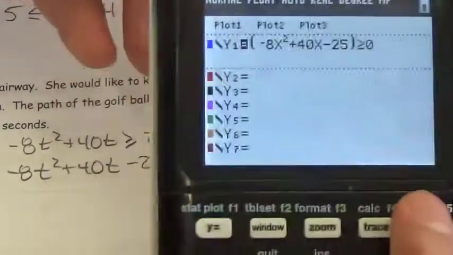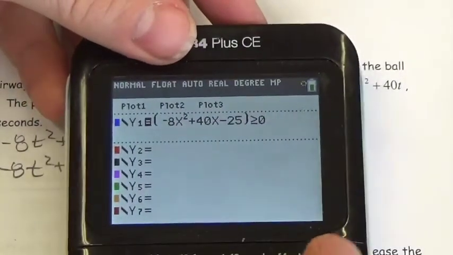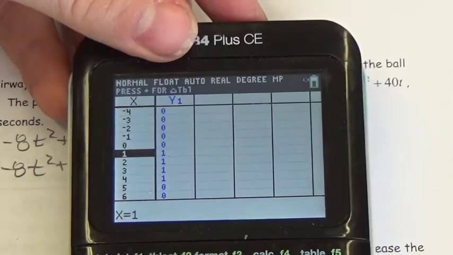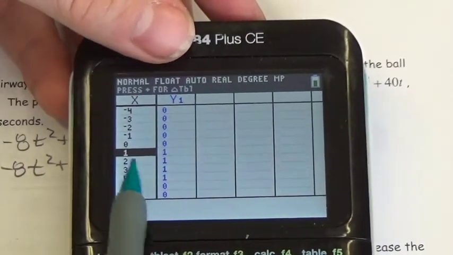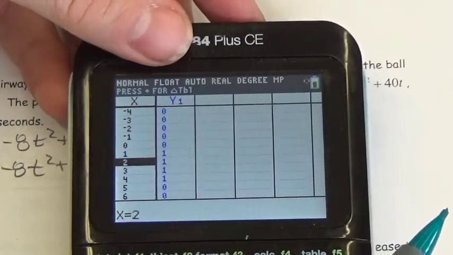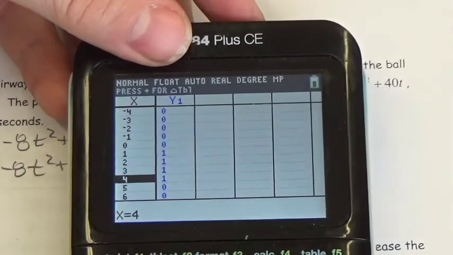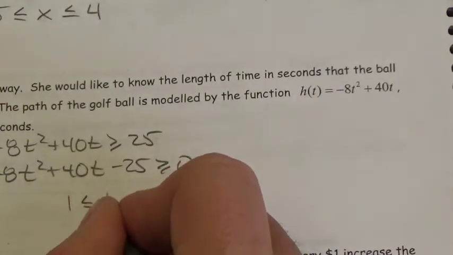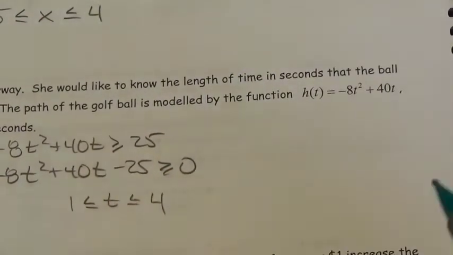Okay, let's go to our table of values. Okay, well, that looks like it happens at 1 and then stops at 4. Okay, so it looks like this is going to be true from 1 out to 4.